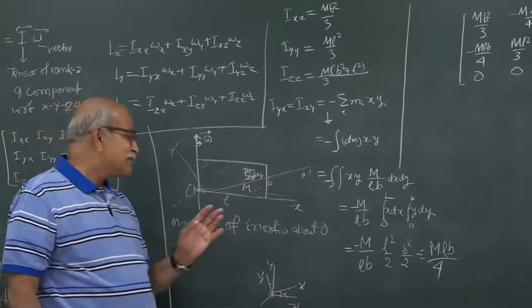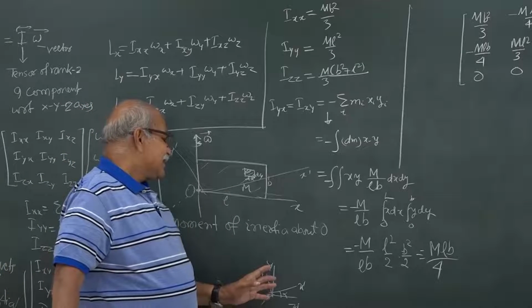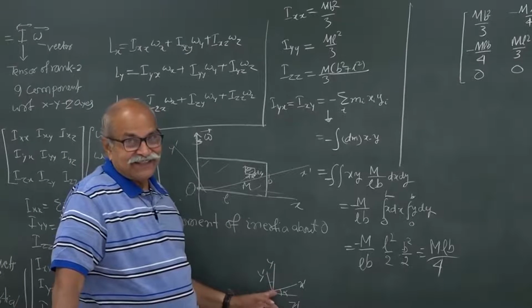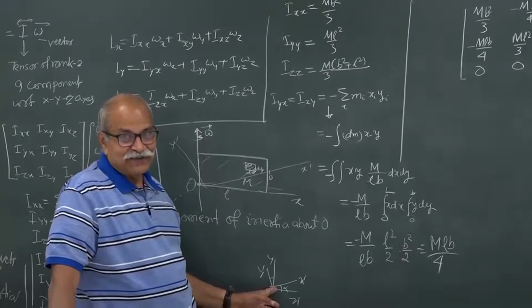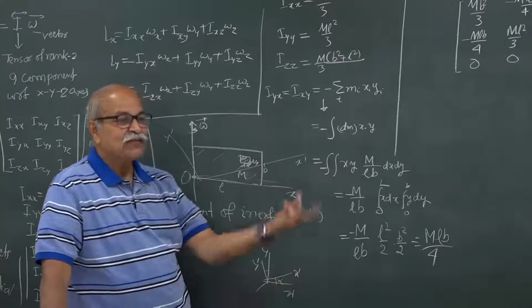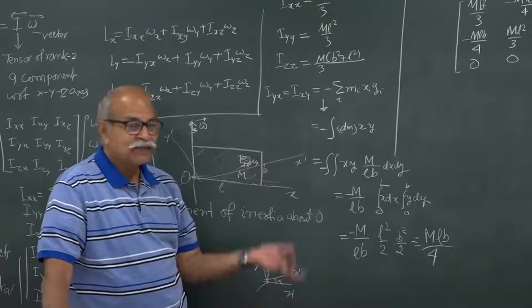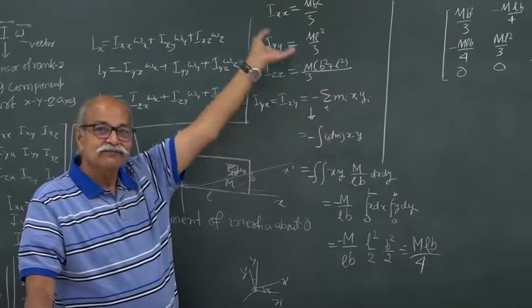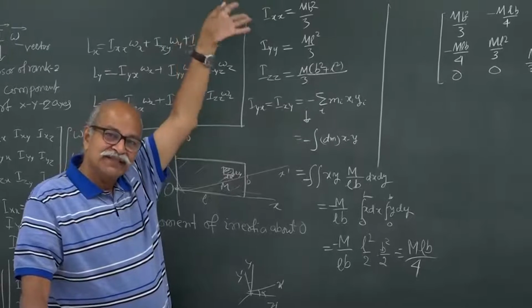And as a matter of fact, scalar is also a tensor of rank 0. So, you have tensor of rank 0 which is scalar, tensor of rank 1 which is vector, tensor of rank 2 which is like this, then tensor of rank 3, 4, 5, no special names are given.